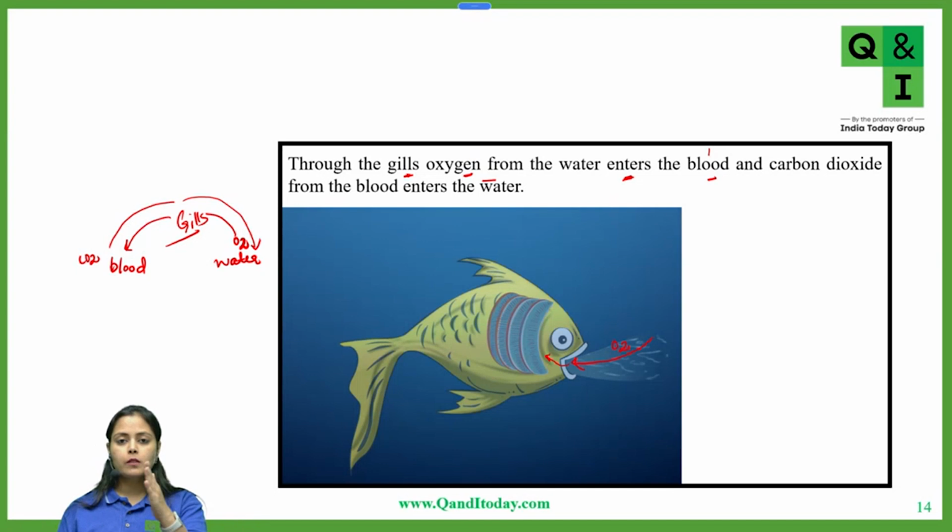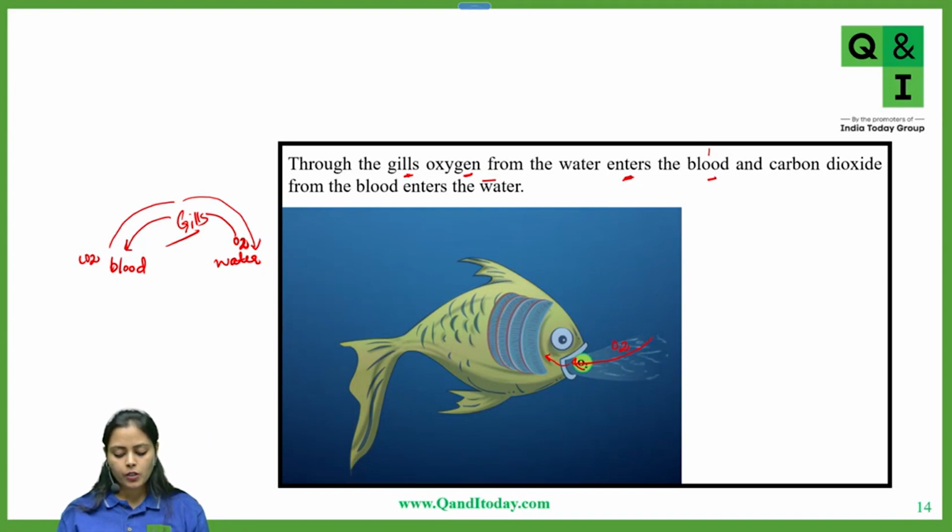Once the water is made to pass through the gills, the oxygen from the water enters the blood, and carbon dioxide from the blood enters the water. And now finally, what will happen?